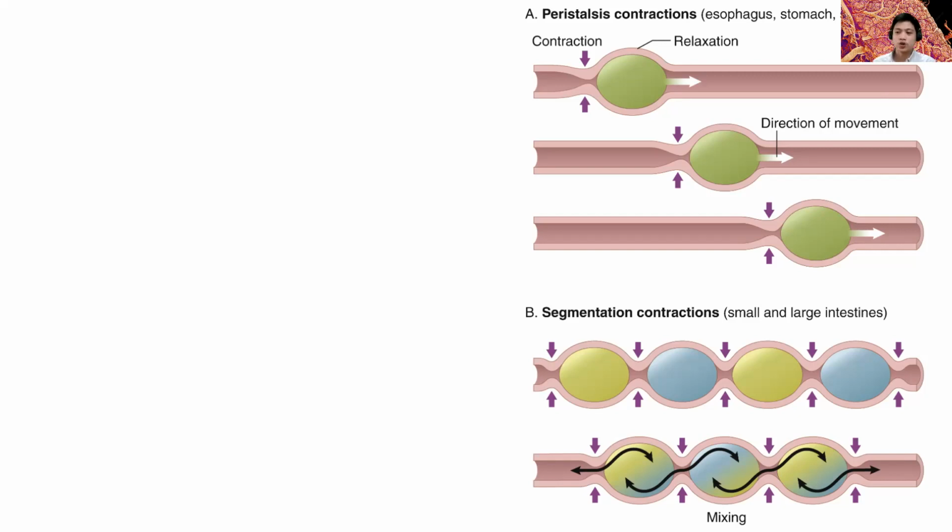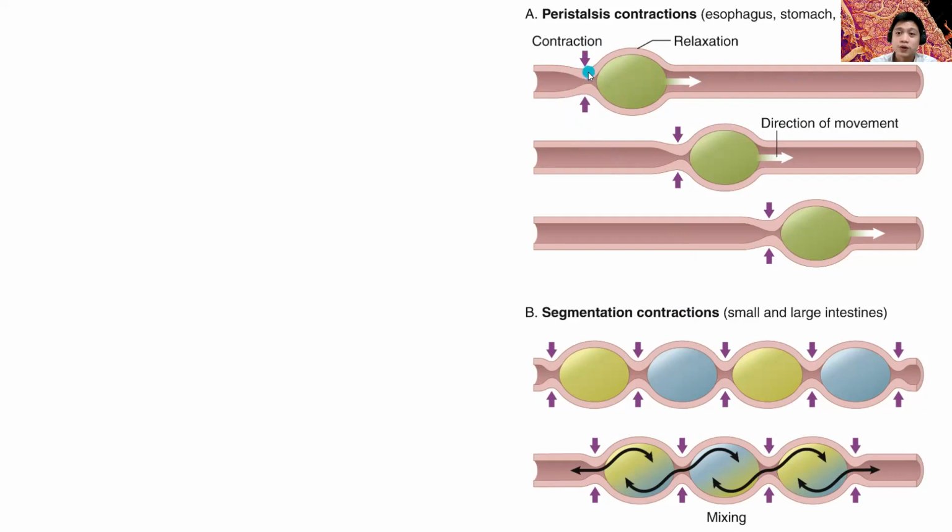You have here the proximal portion, and you have here the distal portion of the tube. And this is your food bolus, the green one. This is the food that you swallowed. Proximal to the food bolus, you will have contraction.